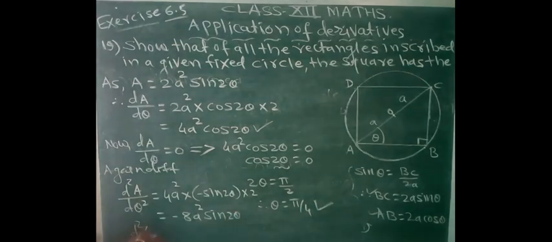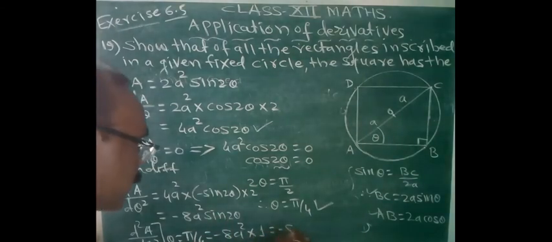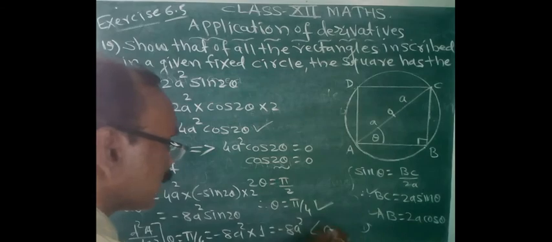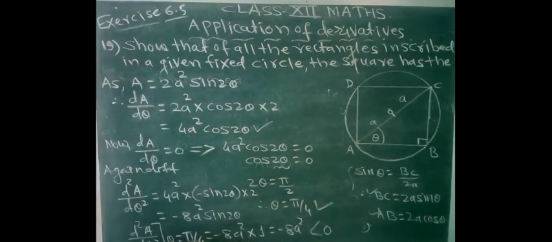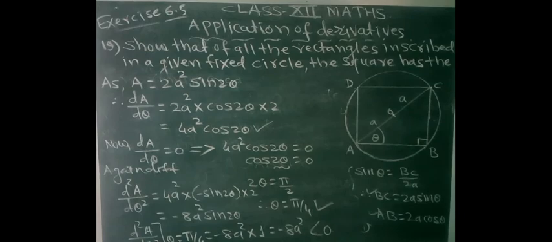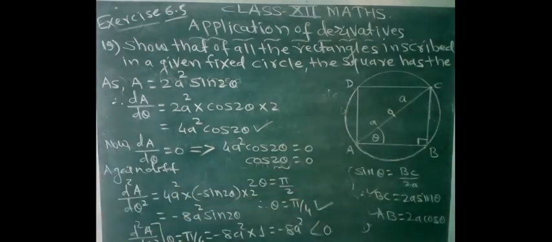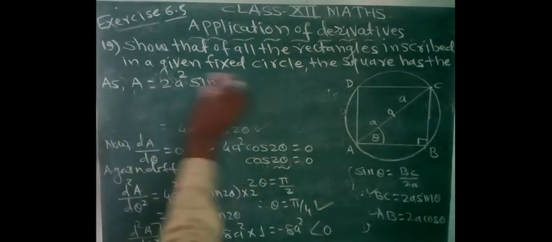Therefore d square A by d theta square at theta equals pi by 4 is minus 8a square into sin 2 into pi by 4, that is sin pi by 2, that will be 1, that is minus 8a square, which is less than 0. So the second derivative tells us that when the second derivative is negative, then it is a point of maximum. Therefore at theta equal to pi by 4, the area of this rectangle will be maximum.